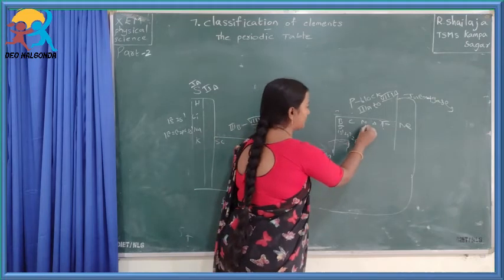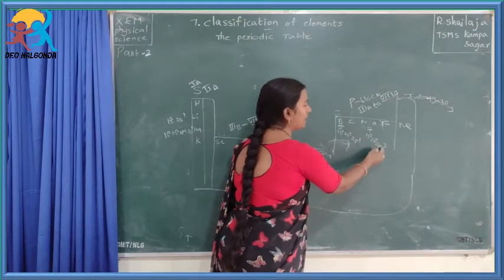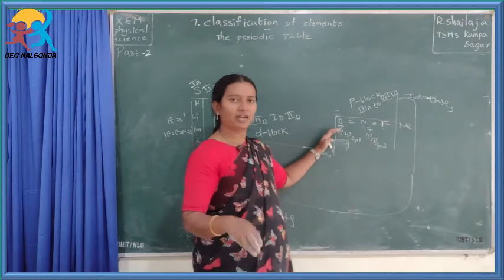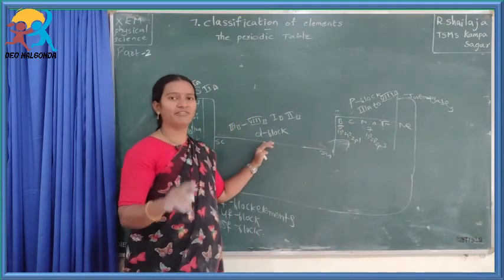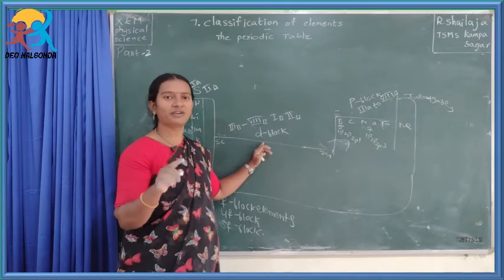Nitrogen, atomic number 7, 1s2, 2s2, 2p3. The 7th electron is entering the p orbital. So it may be 2p, 3p, 4p or 5p. The first shell has no p orbital; the p orbital starts from the second shell.